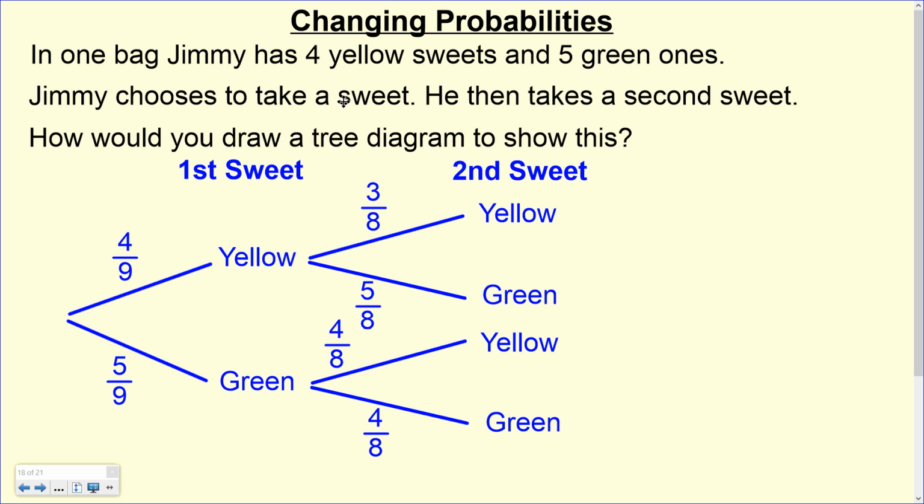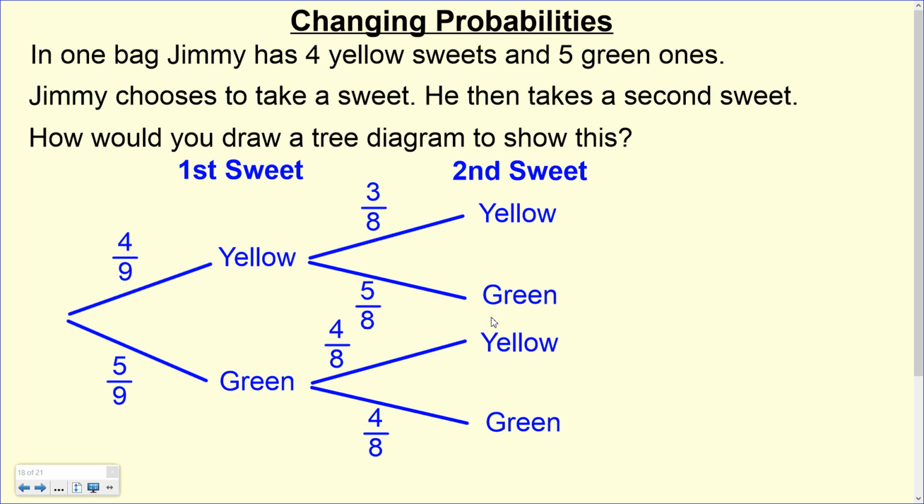If we started with 9 yellow ones and we took a yellow one out, that means there's only 3 yellow sweets left out of 8 sweets in total that are left. So our second sweet, the probability of getting a yellow, if we took a yellow first, is 3/8. There's still 5 green sweets, but again, it's only out of 8. It's not out of 9 that we had to begin with.